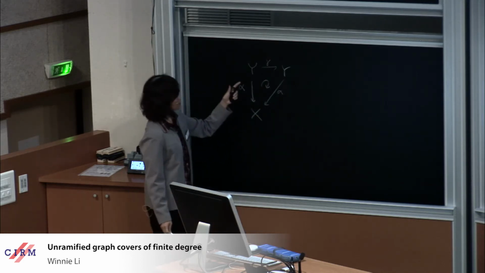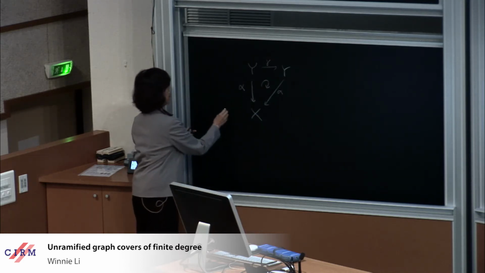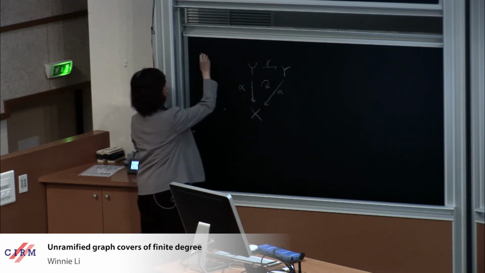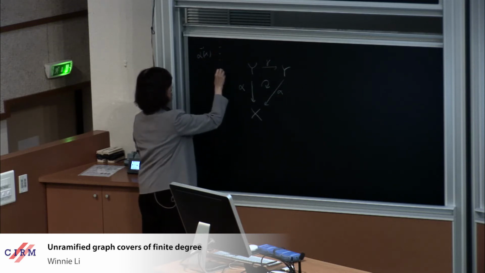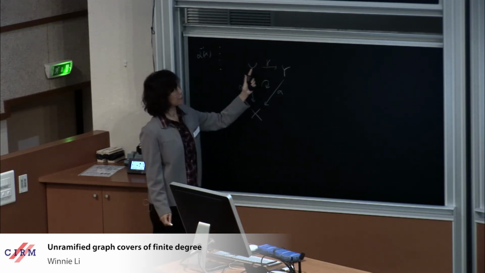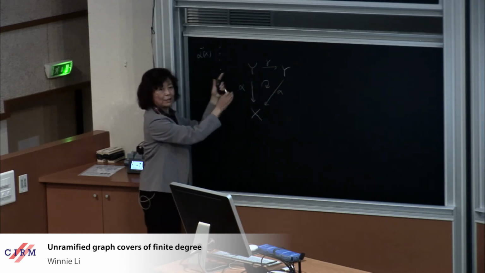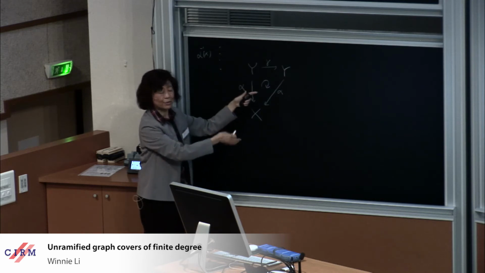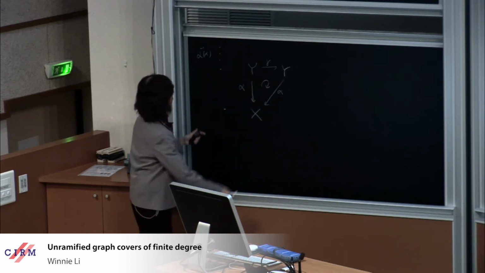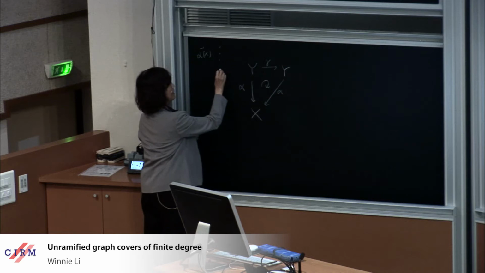When you think about it, if you take a vertex downstairs and you look at its fiber upstairs, there's a bunch of points upstairs. What this automorphism gamma can do is permute the points on the fiber, because it has to preserve this projection. Once I know that a point is moved to another point on the fiber, then its neighbors will follow.